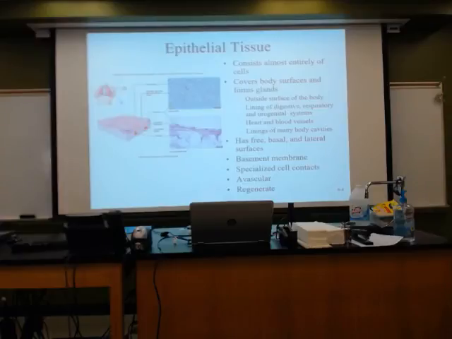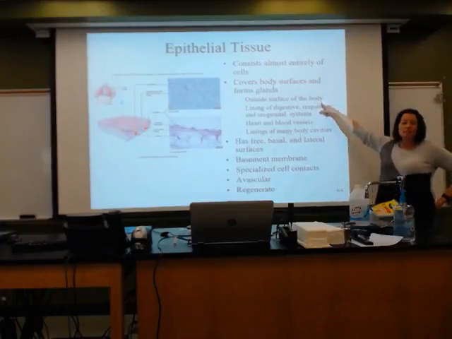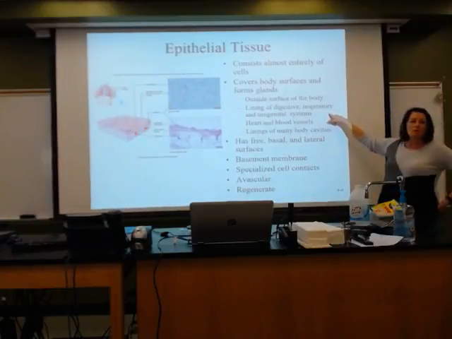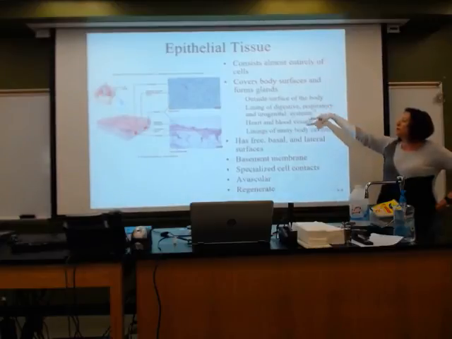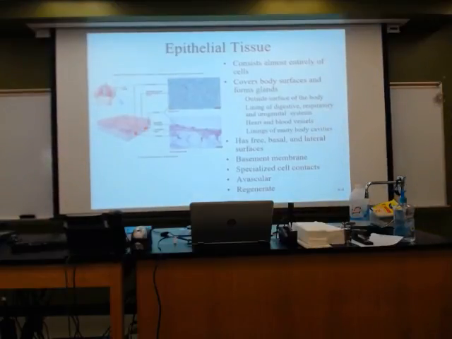So we're going to see this tissue. It's going to be the outside surface of the body. It's going to line, now look at what it lines. Digestive, respiratory, urogenital. What do all three of those have in common?